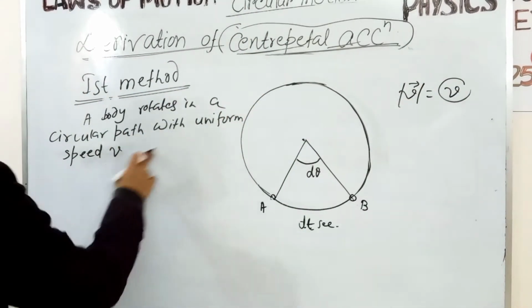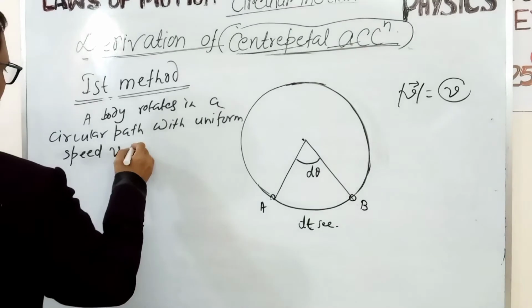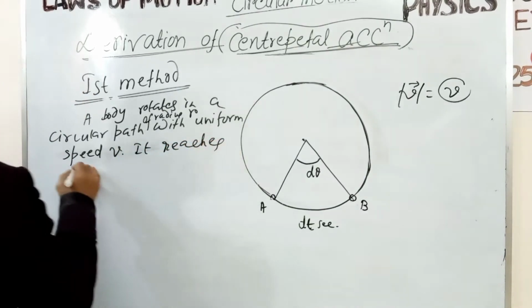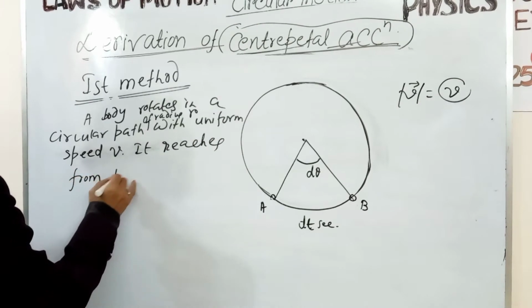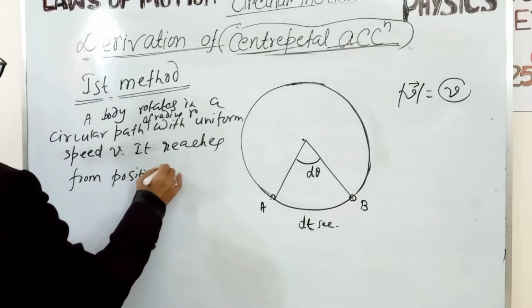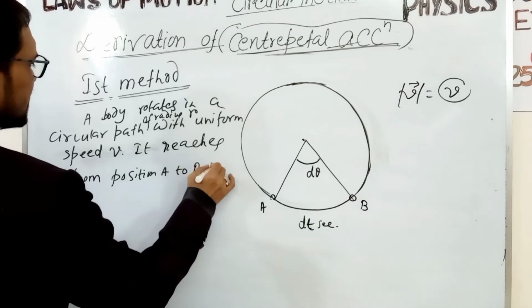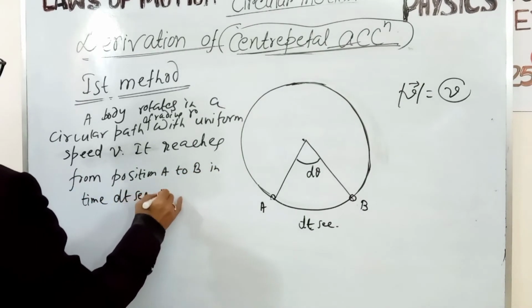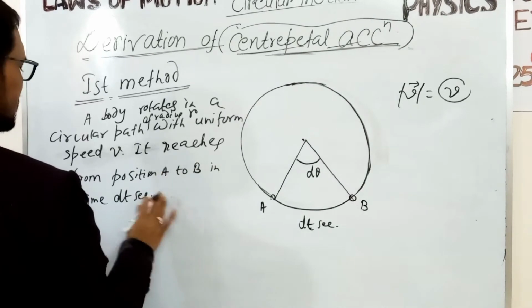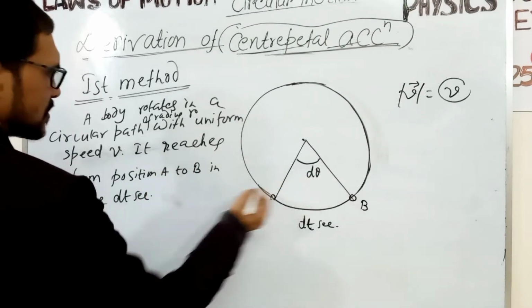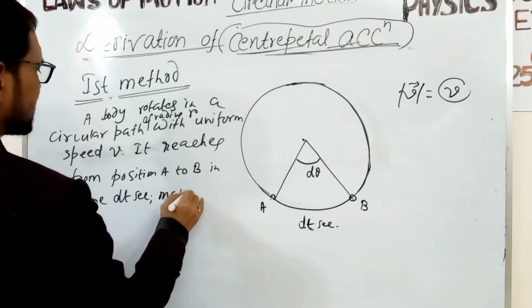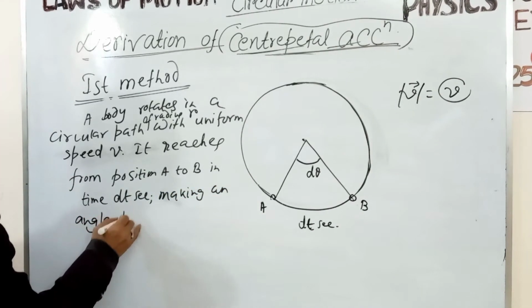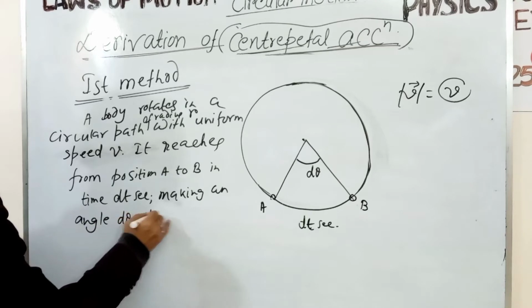So circular path with uniform speed v, and it reaches from position A to B in time dt second and makes an angle d theta at center.